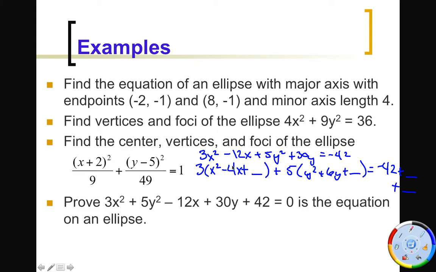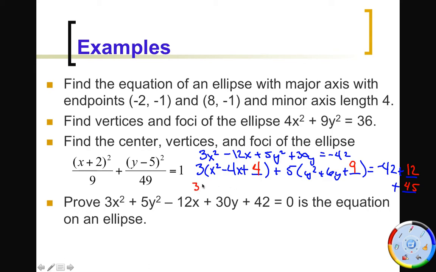And now I need to cut 4 in half and square it, which gets me a 4. I need to cut 6 in half and square it, which gets me a 9. Now you have to be careful when you plug the numbers in, because it's not a 9 and a 4. This 4 is connected to this 3, so it's really 3 times 4, so I have to add a 12. This is really 5 times 9, so I have to add a 45.